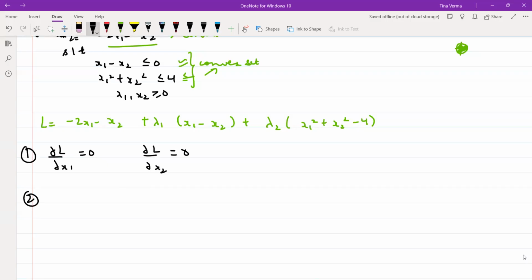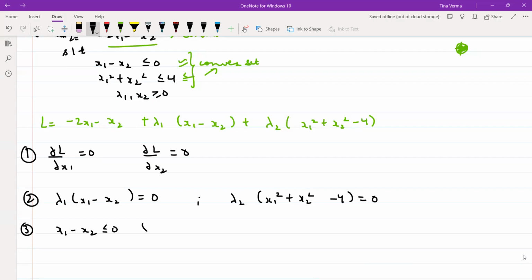The second here is λ1 into (x1 minus x2 minus 0) should be equal to 0. And here also the second, λ2 into (x1 square plus x2 square minus 4) should also be equal to 0. Third is that your x1 minus x2 less than or equal to 0 and x1 square plus x2 square should also be less than or equal to 4. And the fourth is λ1 and λ2 should be greater than or equal to 0.